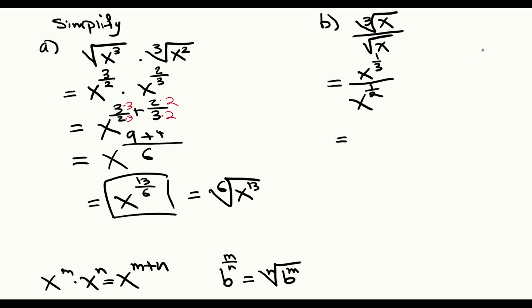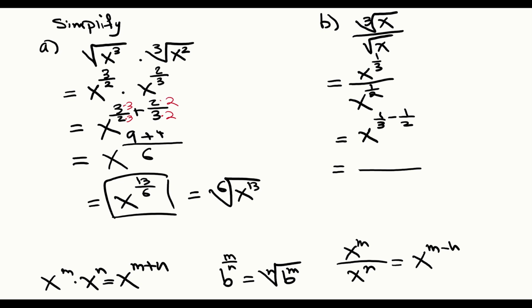and we're going to end up using the quotient rule. If you recall, x to the m over x to the n equals x to the m minus n. So we get x to the 1/3 minus 1/2. It looks like we've had a lot of this kind of fraction with 2's and 3's, and that's common actually.